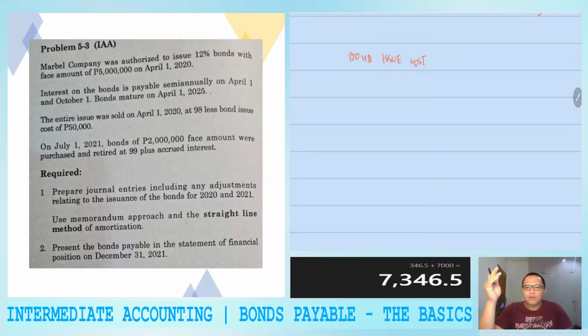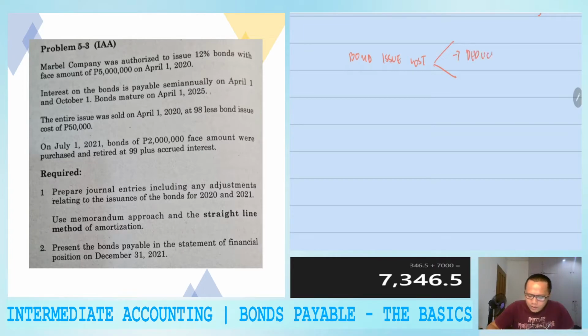These are direct attributable costs in relation to your bond issuance, such that examples are legal fees, underwriter fees, okay? So these are direct attributable costs to your bond issuance.